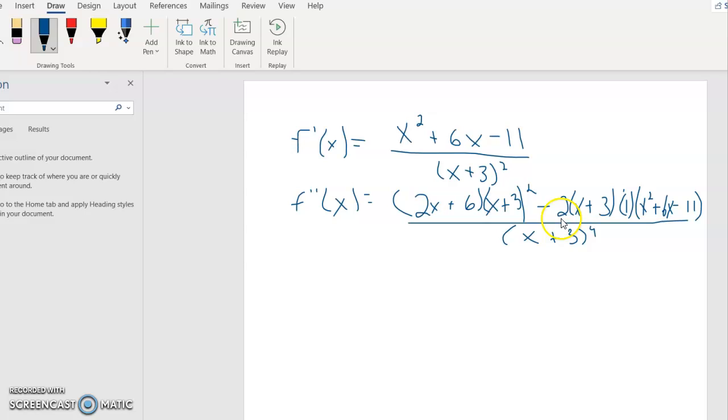Okay, so now let's do a little bit of factoring to make this a little bit easier. Notice there's an x plus 3 squared here and an x plus 3 to the first right here. Let's pull out an x plus 3 to the first. We could probably pull out a 2 as well, but we won't bother with that right now. It's going to simplify it enough to get that x plus 3 out of there. All right, so when I pull that out, I'm left with this 2x plus 6. And I still have one of these x plus 3 since this was squared here.